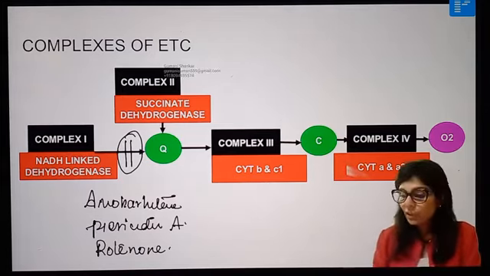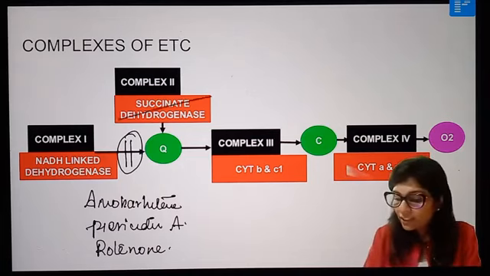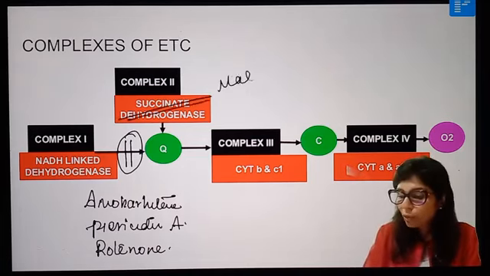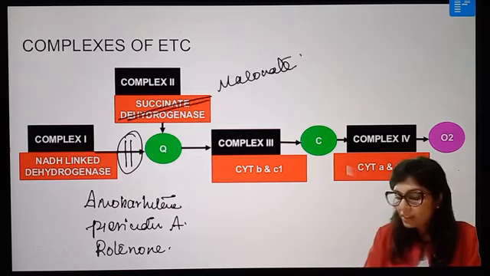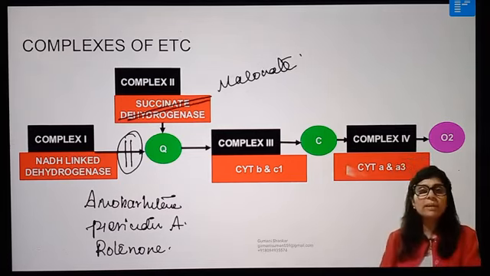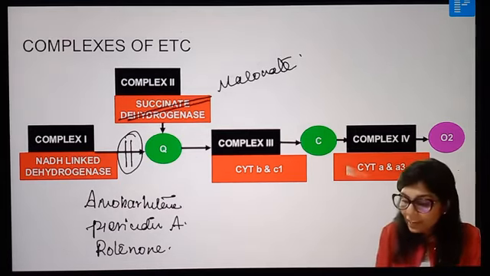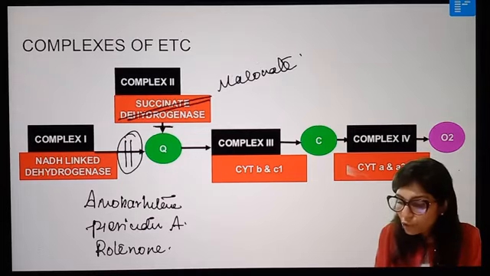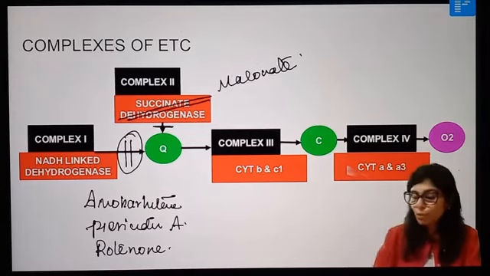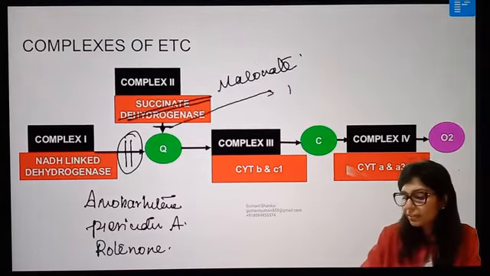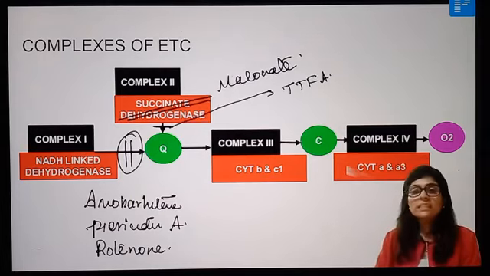Okay. Now, succinate dehydrogenase is inhibited by malonate. Electron transport between 2 and Q is inhibited by TTFA. 2 starts with T, right?